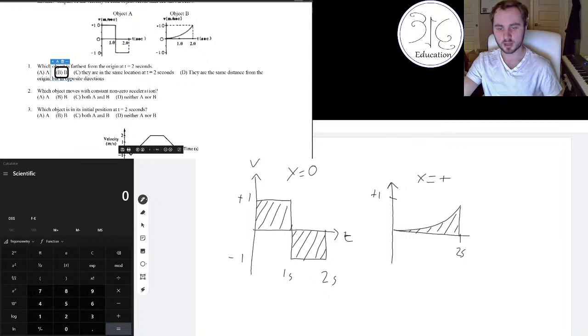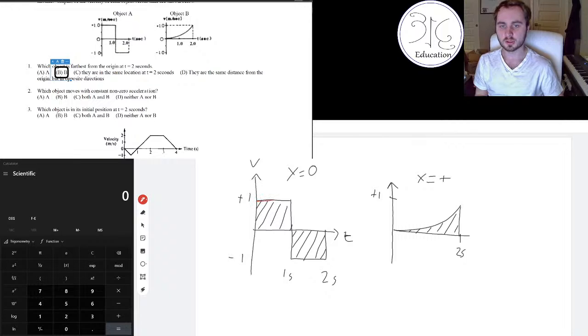Okay, so bringing back over to our graphs here, our acceleration relation is going to be, let's change colors here. Acceleration is going to be the rate of change of velocity with respect to time. And so the rate of change with respect to time when we're graphing velocity versus time is going to be the slope.